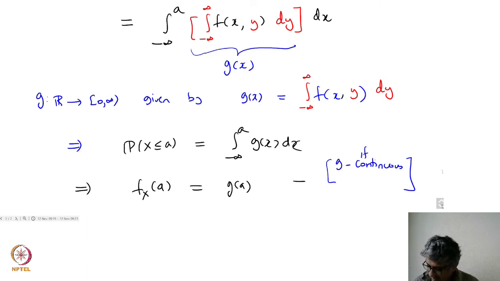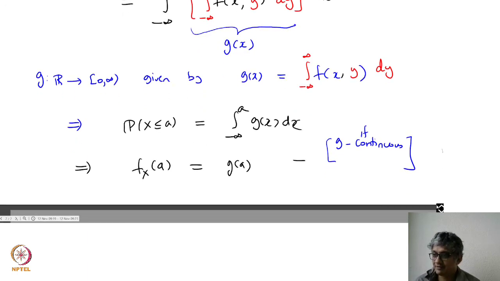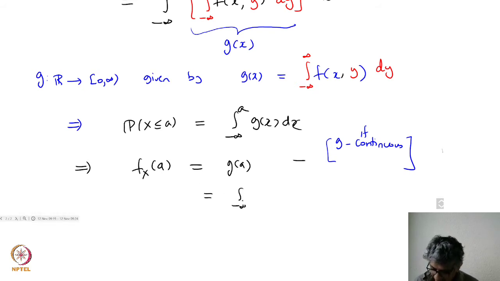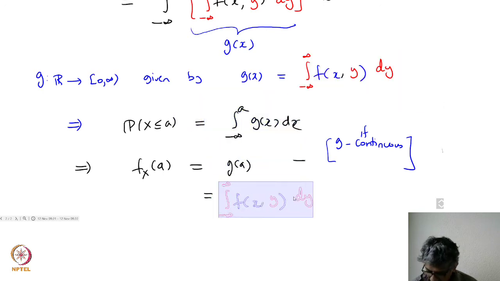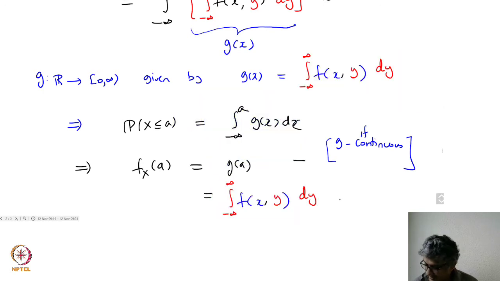So now this is an interesting idea. That means we have derived that the density function of X at a is just equal to the integral from minus infinity to infinity of the joint density function at the point (a, y).